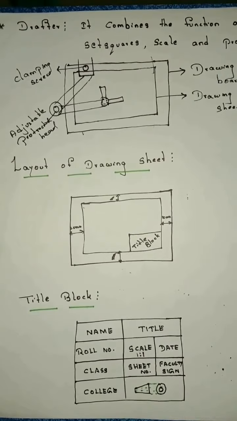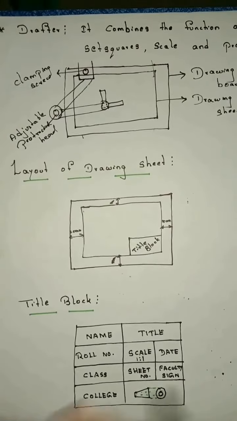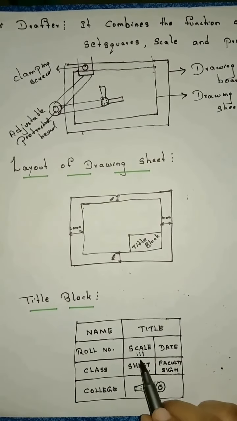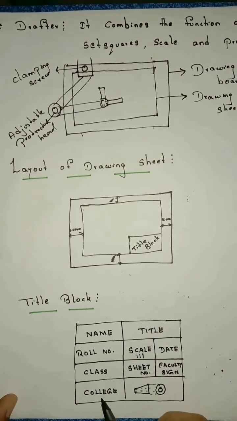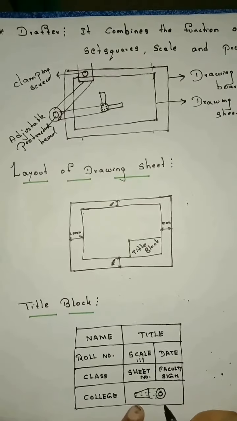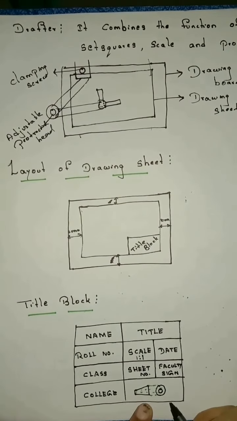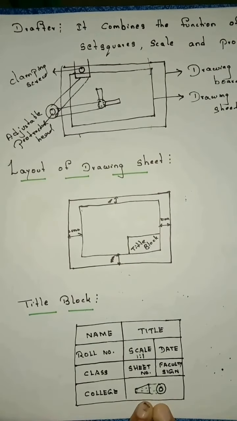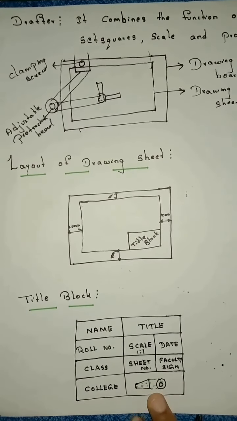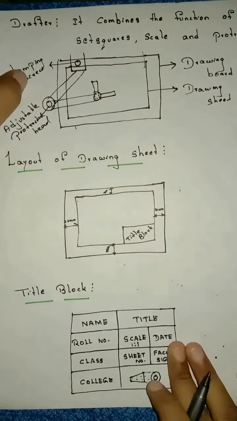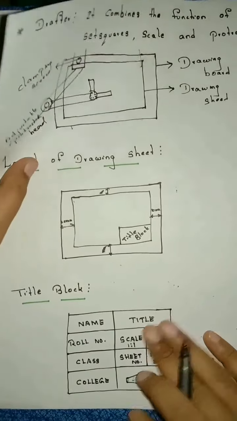Full scale means whatever dimensions the question asks us to draw, we draw the same dimensions, right? So always the scale is 1:1. And the date, your class, sheet number, the faculty sign, your college name, and this is the symbol of first angle projection. We are going to learn about this in unit 2, right? So this is the complete overview of the drafter, your drawing sheet, and what the title block consists of.